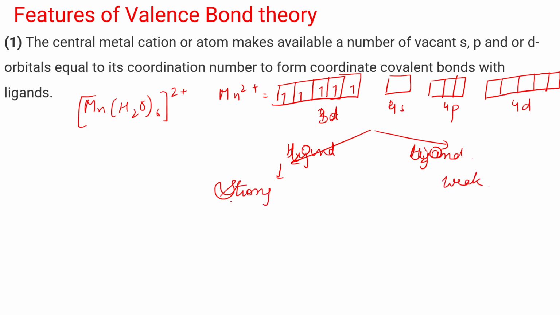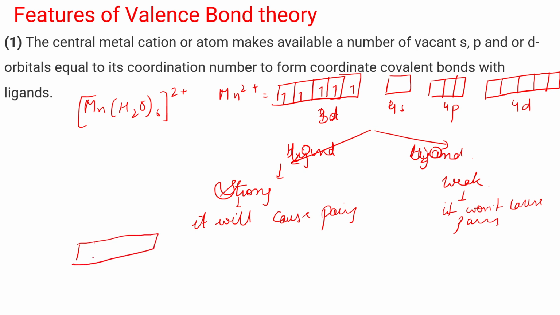If the ligand is strong, it will cause pairing. If the ligand is weak, it won't cause pairing. That means in the case of strong ligand, the d electrons in the 3d will be paired, getting 3d5 like this: 3d5, 4s, 4p.